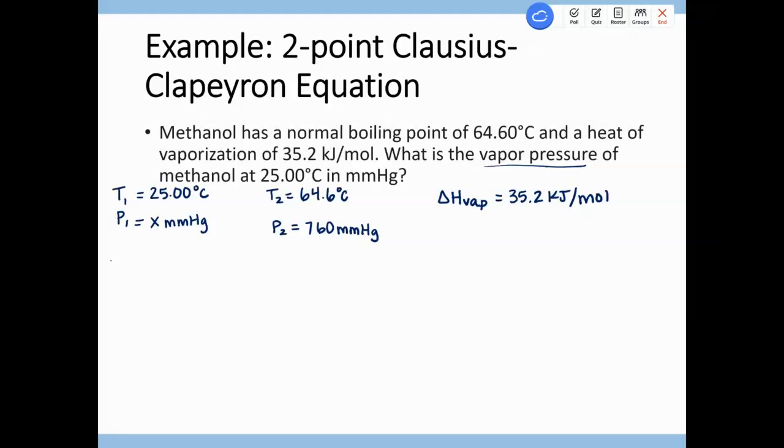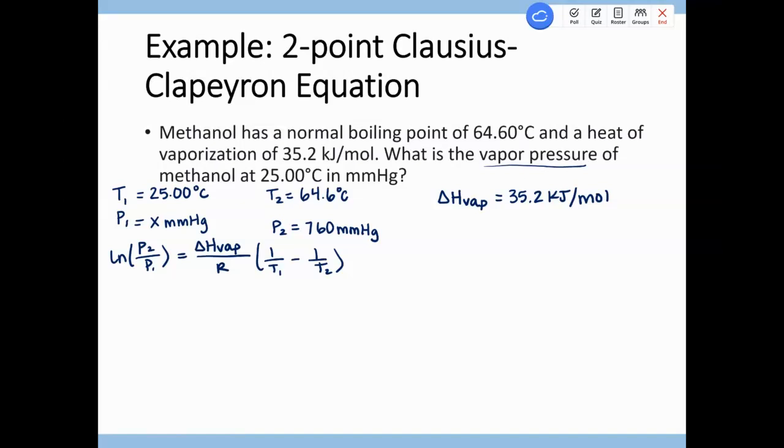All right, so using the equation, we have natural log, we're just going to rewrite it here, P2 over P1 equals delta H of vaporization over R times 1 over T1 minus 1 over T2. So we have all values except for P1, but we have to manipulate some of these values before we can use the equation.